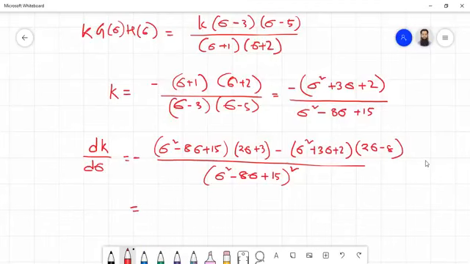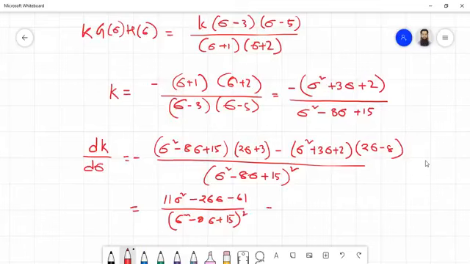Okay, so go for the calculation. Eventually what you're going to get is, sorry, 11. I think you can do the rest of the calculation, so I'm just omitting that part. So 11 sigma square minus 26 sigma minus 61 divided by sigma square minus 8 sigma plus 15 whole square.